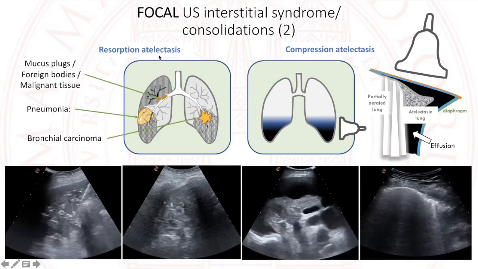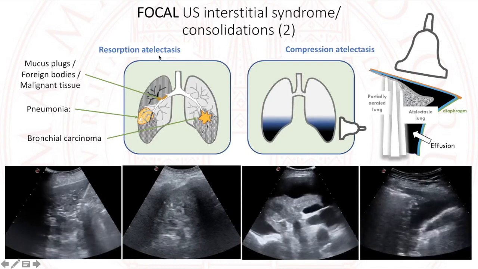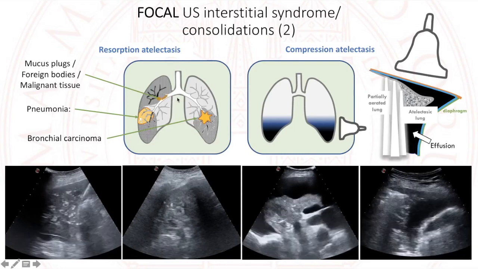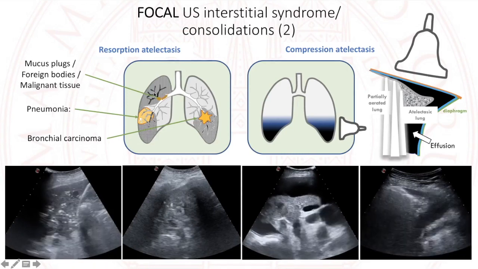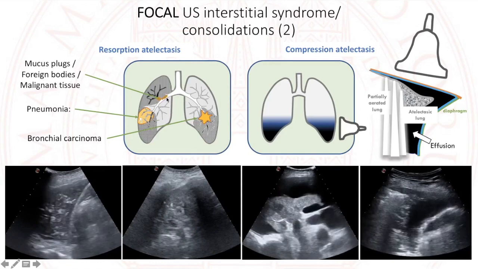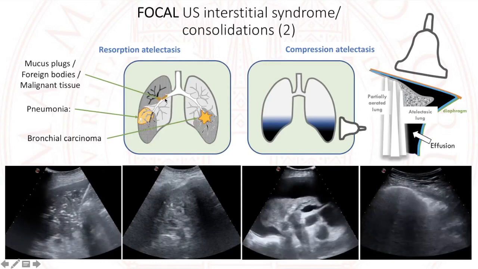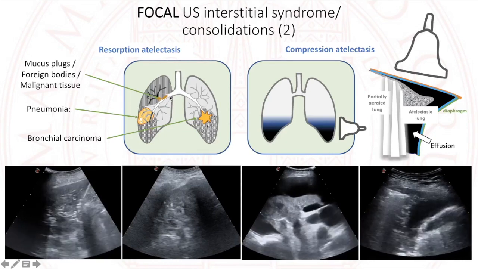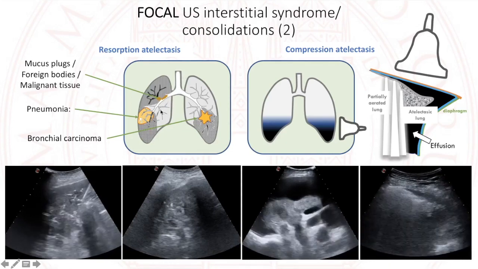The other mechanism is resorption atelectasis. This is made by something which stops the air from reaching the end of the bronchi. That could be mucus plugs or foreign bodies, such as a misplaced endotracheal tube, or by malignant tissues.